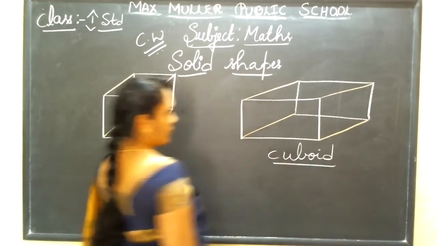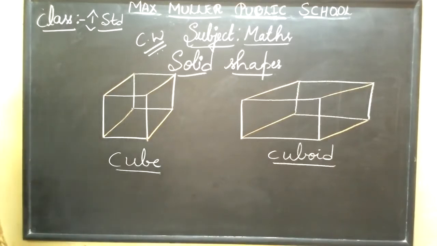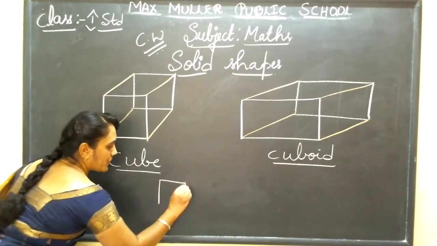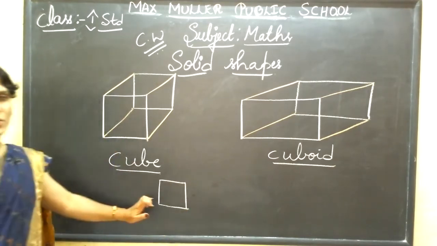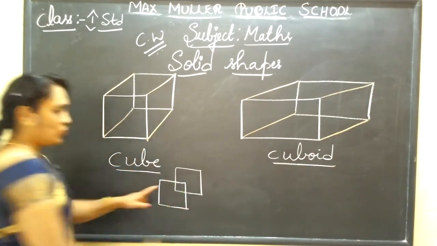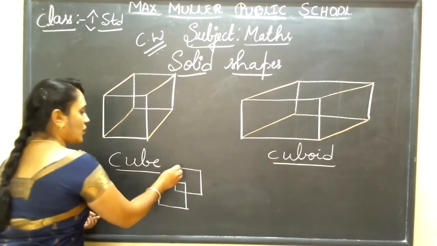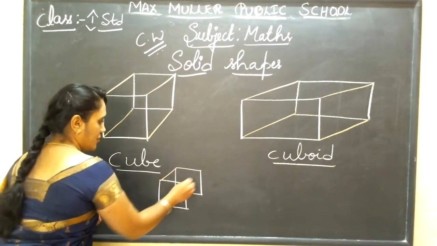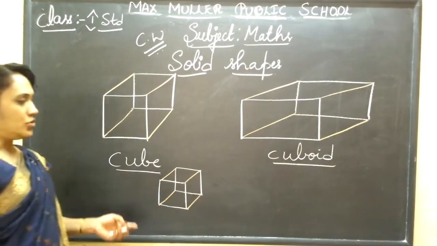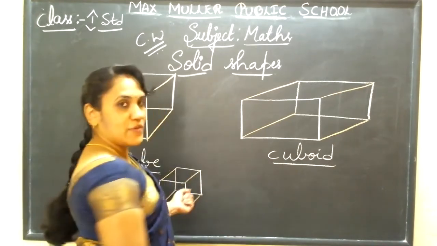C-U-B-O-I-D. Cuboid. Understood? So one more time I'll show how to draw cube. How to draw cube means first you draw a square. You know to draw a square. One square you draw. Inside that, one more square. Two squares. Finish. Then join the corners. See like this. Understood? Any doubt now? No. Like that only cuboid. For cube you will draw two squares.